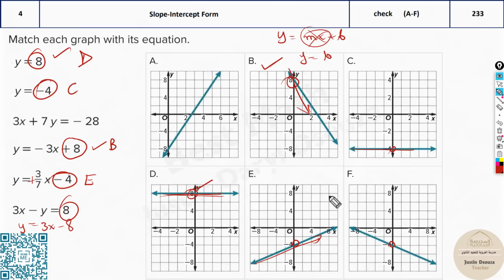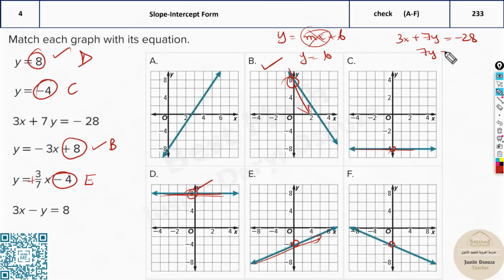Now, whenever the equations are not in the slope-intercept form like these two, what you need to do is write them in the slope-intercept form. So here, 3x plus 7y equals negative 28, right? Let's write the slope-intercept form, that means y equals mx plus b. So take this 3x to the other side.